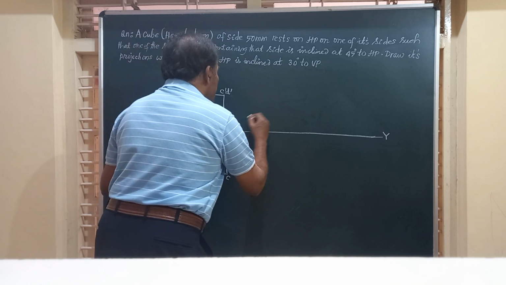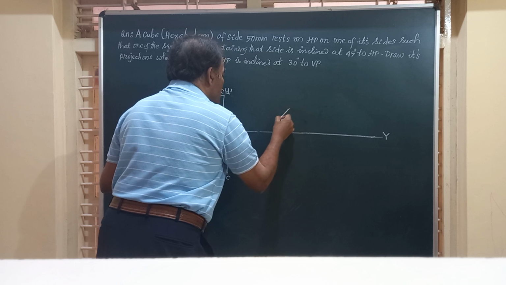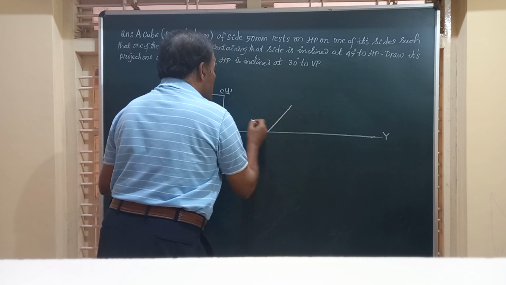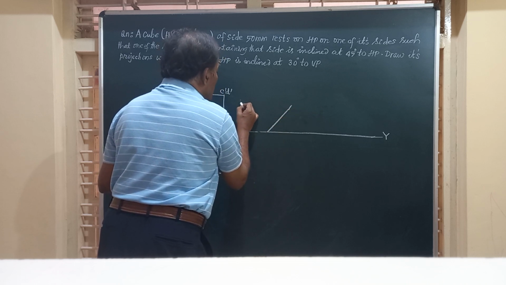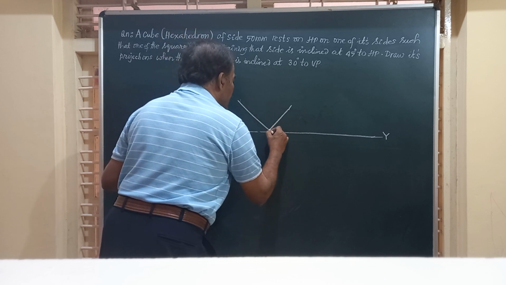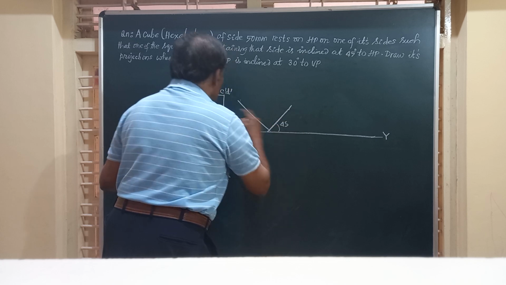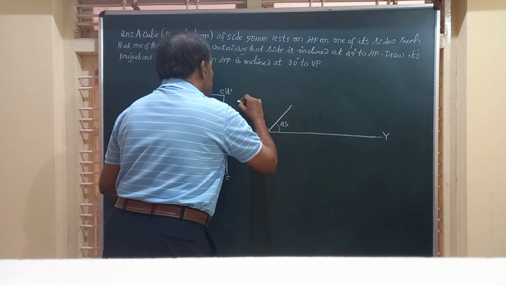Friends, I will just redraw this figure, this square. So this is at an angle of 45 degrees to the HP. So this face I have just tilted like this.